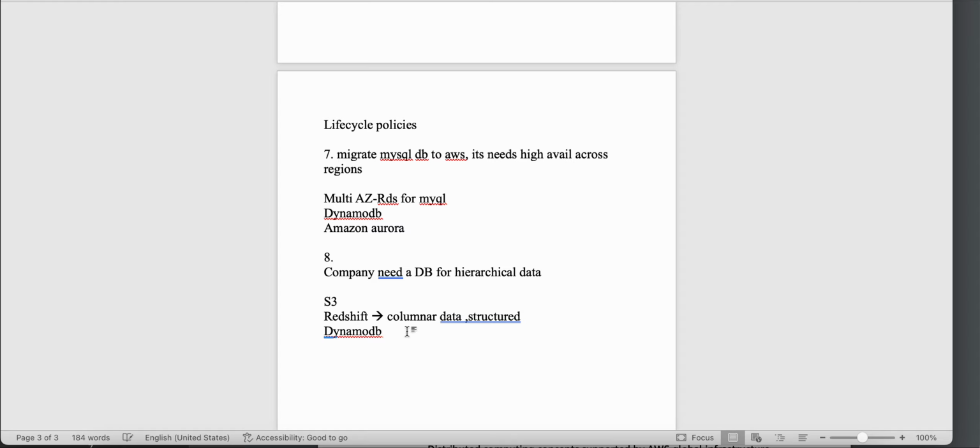However, DynamoDB is a NoSQL database used for unstructured data. In my opinion, hierarchical data would be unstructured, so DynamoDB should be the answer, but I'm not sure because we do not know the answers. If you have any comments on it, or if you find anything, please let me know.